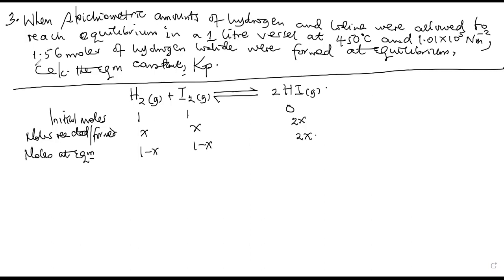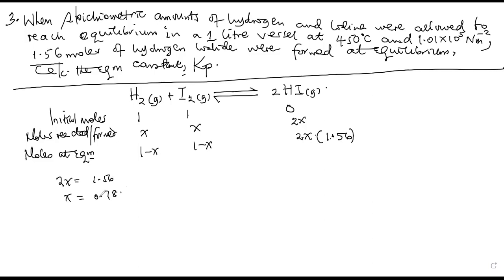So if 1.56 moles were formed, then those are the moles of hydrogen iodide at equilibrium. So I will equate this one and this. It would mean that 2x is equal to 1.56. Therefore, our x will be, after dividing by 2, 0.78.